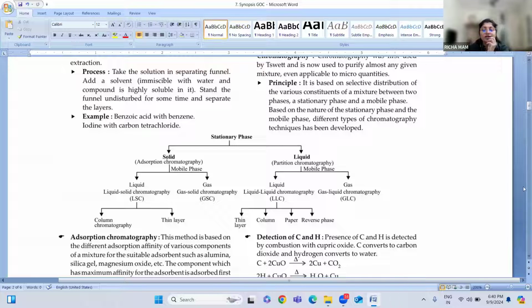A mixture will be there, that you have to spot on the stationary phase, and then you have to pass the mobile phase through it. Depending upon the mobility of the constituents, they will go to different spots. So this is the principle of chromatography.